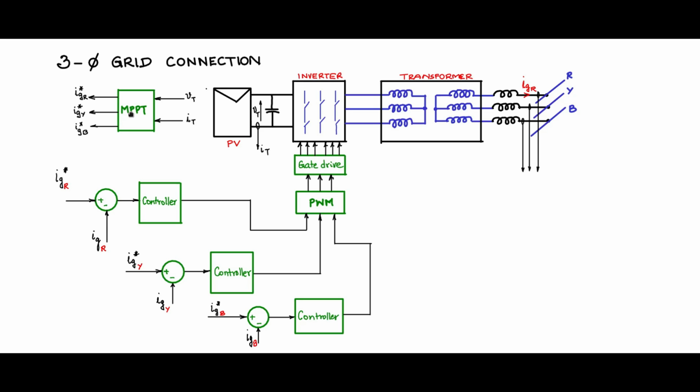See, the MPPT output will give a value which will relate to Im of Im sin omega t. So once you have Im, sin omega t is basically a unit sine term where omega t is related to the frequency of the grid voltage waveform. So from the grid voltage waveform you have the grid frequency.